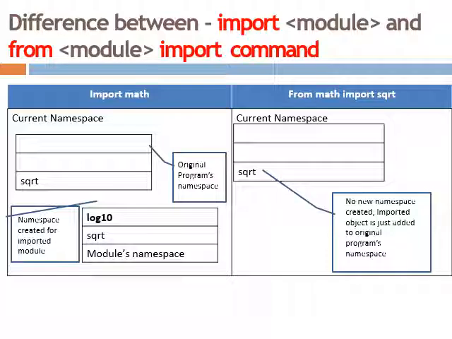The current namespace represents the original program's namespace, where it has only sqrt, which is required for the program. Coming to the next column, from math import sqrt, no namespace will be created. The imported object, sqrt, will just be added to the current namespace, which is nothing but the program's original namespace. So this is how import module and from module import differ.